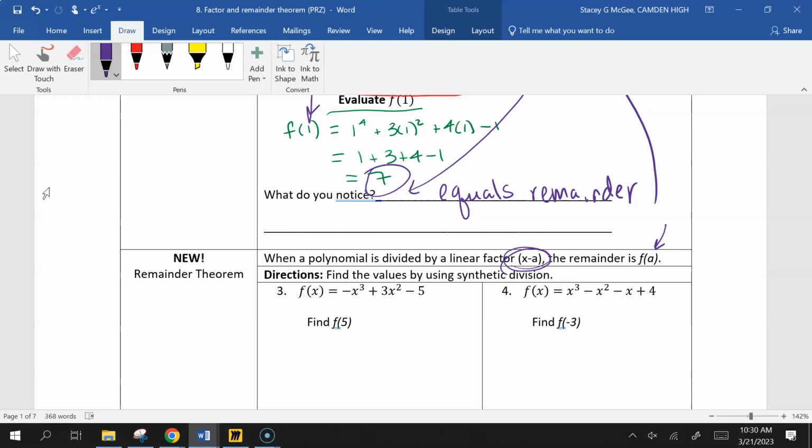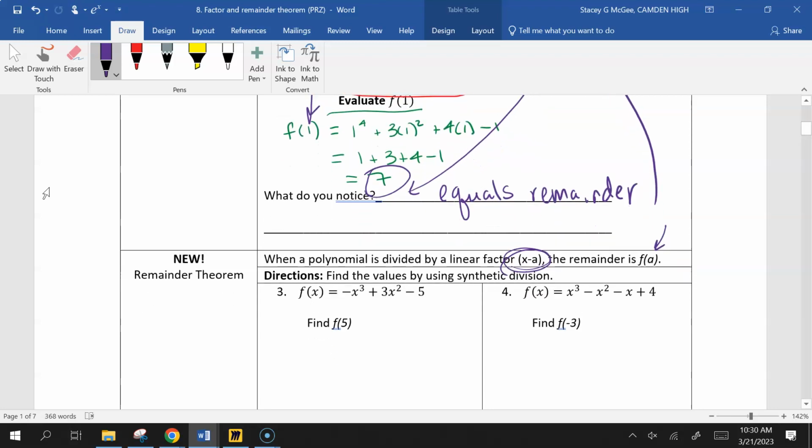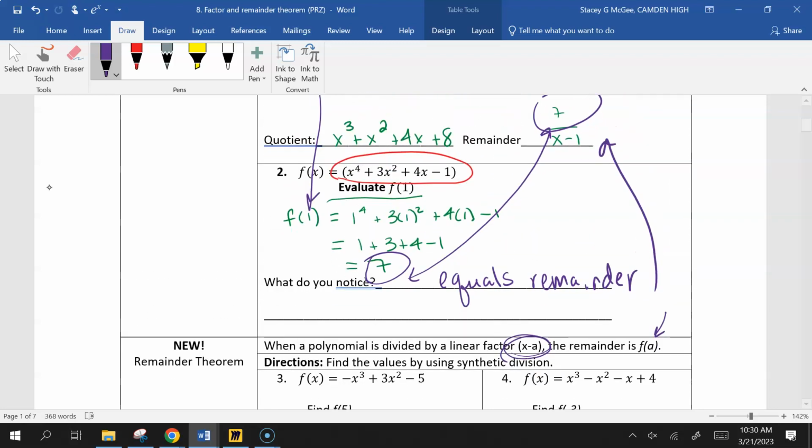Opposite of a, though? Okay, but it's minus, so yes and no. So if I plugged in up here, if I did f of 5, that would tell me the remainder when I divide by what?